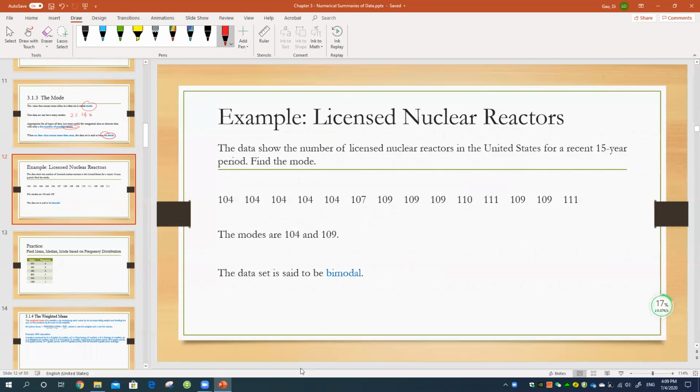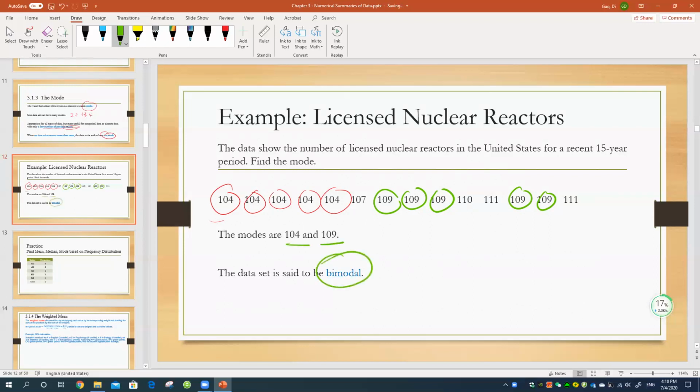Let's check. We have 104 5 times, and then we have 109 1, 2, 3, 4, 5 times as well. So both occur the most frequently. Then we say the modes are 104 and 109, and the data set is said to be bimodal.